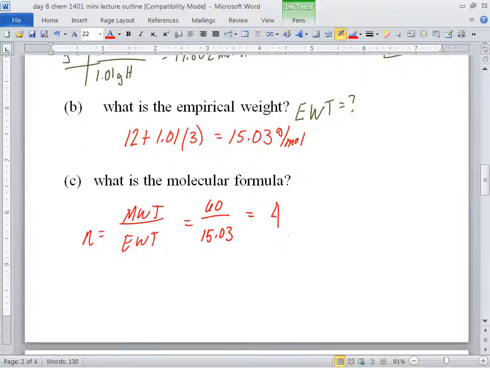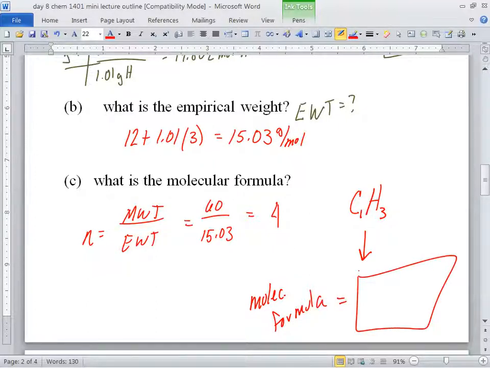So I had a C1H3. Well, my molecular formula is off by a factor of 4. It's going to be what, Enrique? What's my molecular formula going to be?